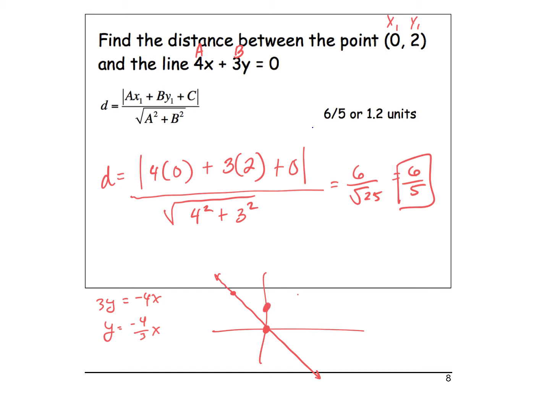So we're looking to get the closest distance in terms of the perpendicular, like an altitude almost, right here. And that little sliver is 6/5.